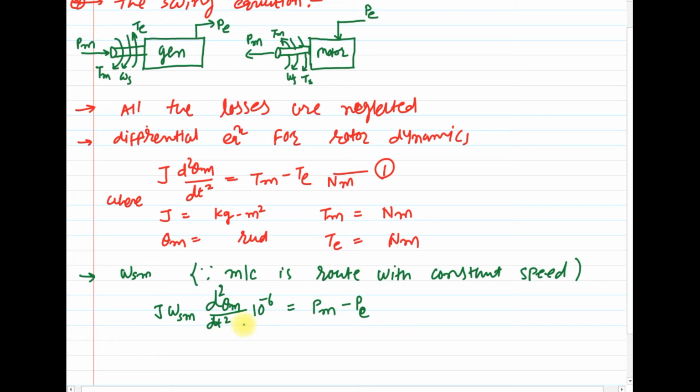Clear? Now, instead of the unit of power in watt, we will consider megawatt, as we have considered 10 raised to minus 6 over here.